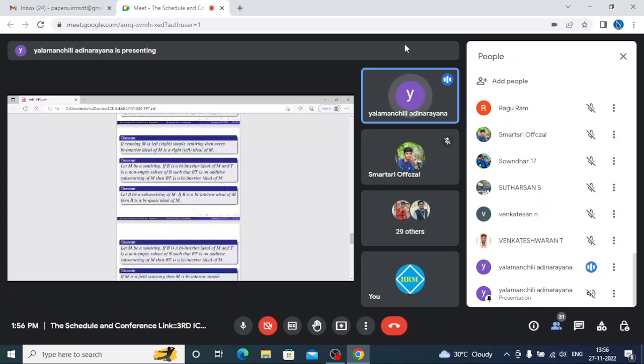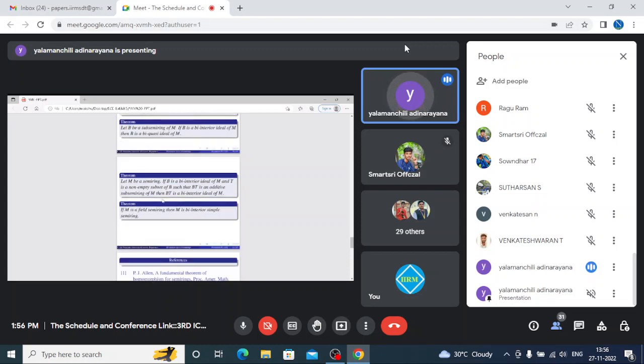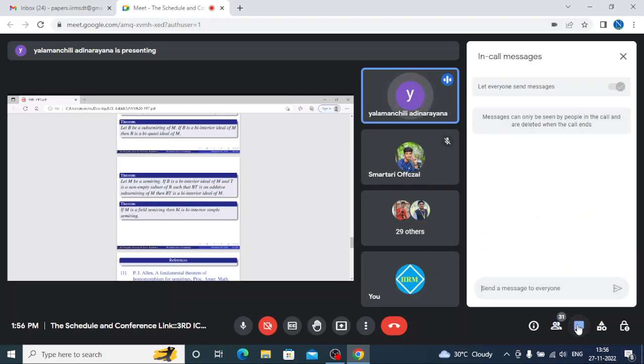Let B be a sub-semi-ring of M. If B is a bi-interior ideal of M, then B is a bi-quasi ideal of M. And similarly, let M be a semi-ring, if B is a bi-interior ideal of M and T is a non-empty subset of B such that BT is an additive sub-semi-ring of M, then BT is a bi-interior ideal of M. And finally, the last theorem: if M is a field semi-ring, then M is a bi-interior simple semi-ring. So this type of theorems are derived based on these different types of definitions.